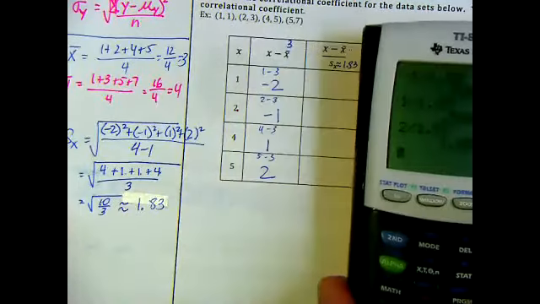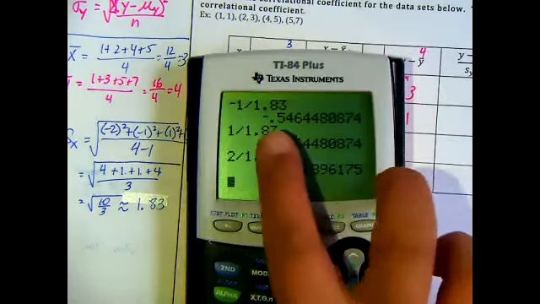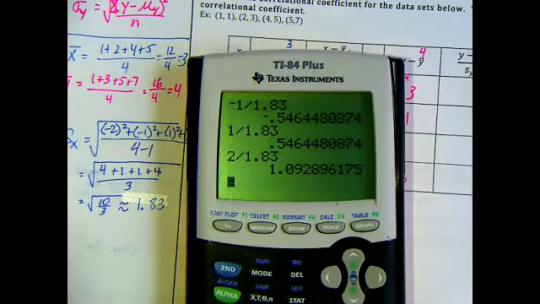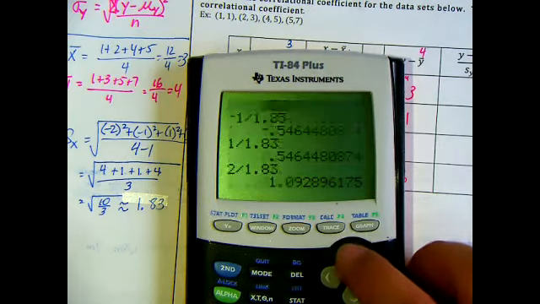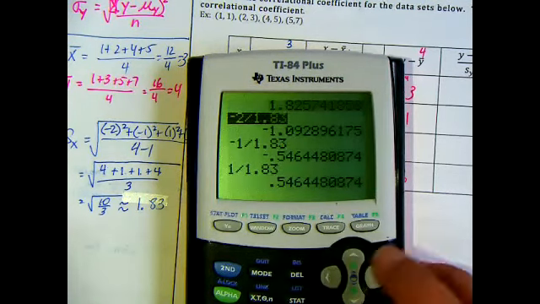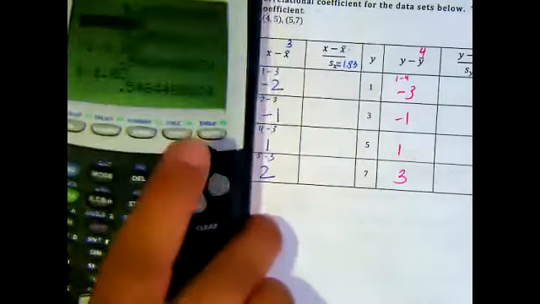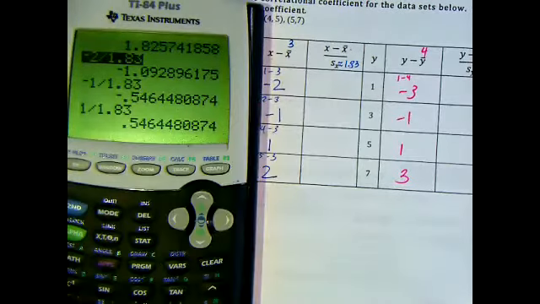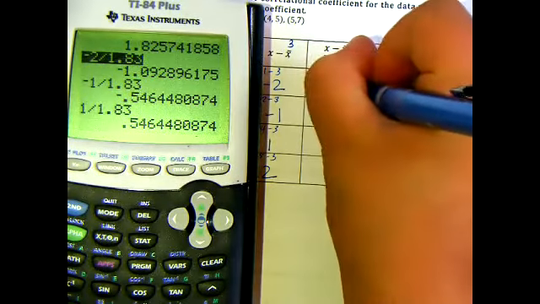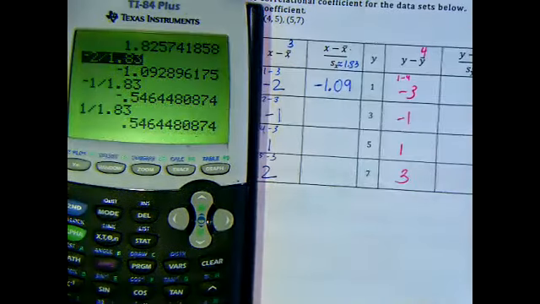And so you get this situation happening here. So again, for these, you can round to the hundredths place. Okay, so starting from there, -2 divided by the 1.83, that gives me a -1.0928, so -1.09. And so that's going to go here, -1.09, right?